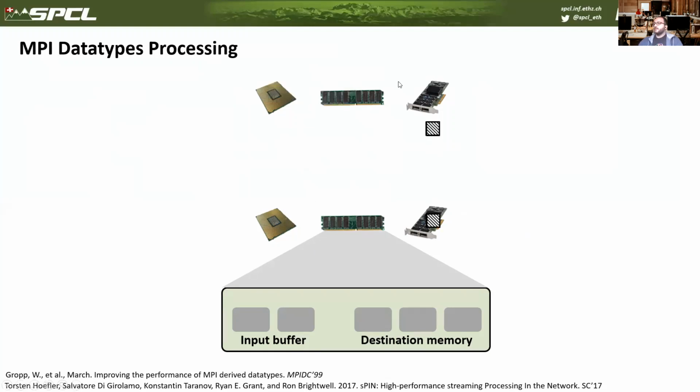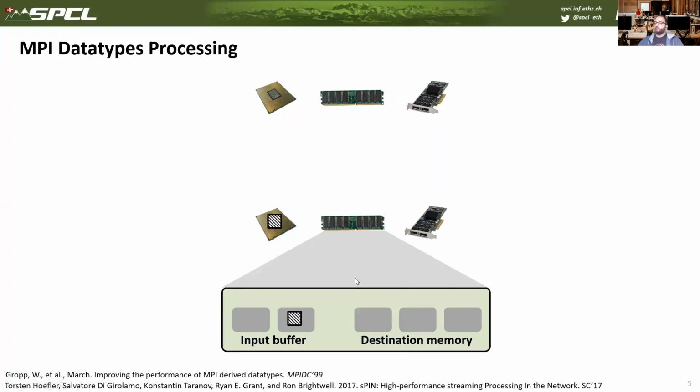What happens is that you receive the packets of the message, and they are copied in an input buffer in the host memory of the receiver. However, at this point, the transfer is not completed yet. We now have to interpret the datatype that the receiver specifies, and copy the data to the right location in the destination memory.